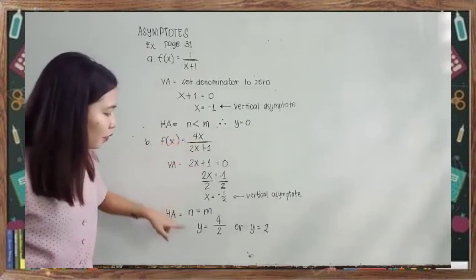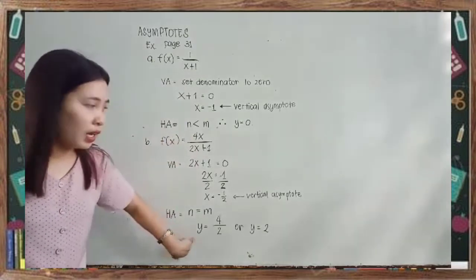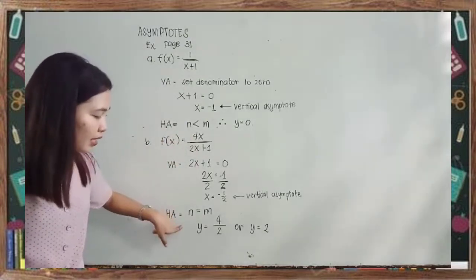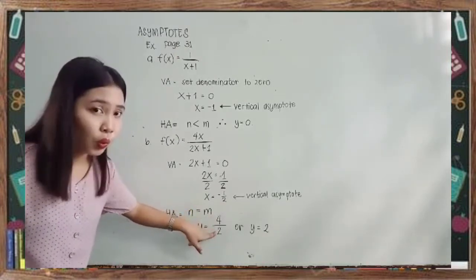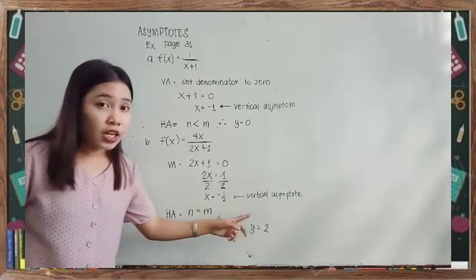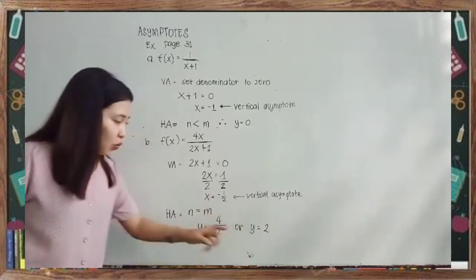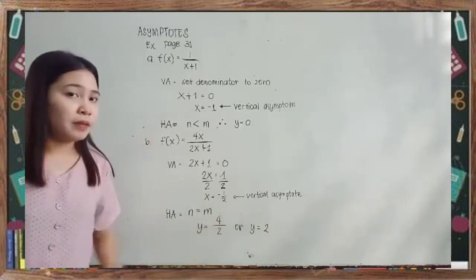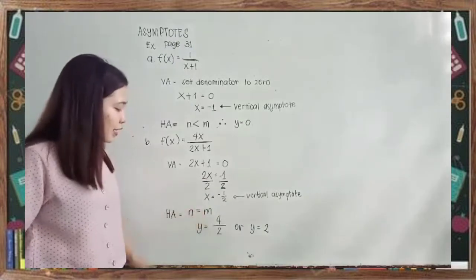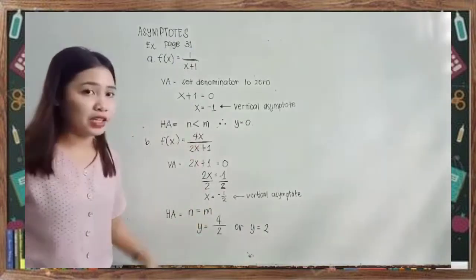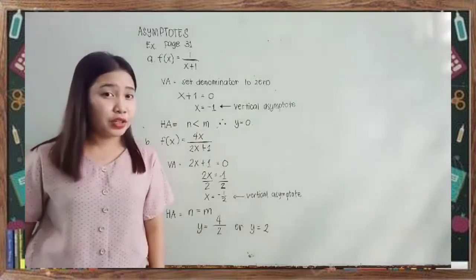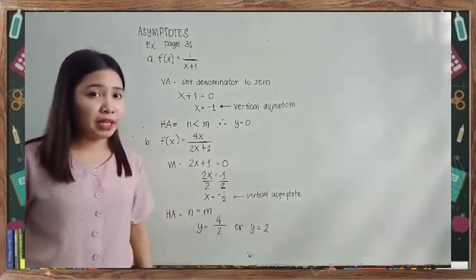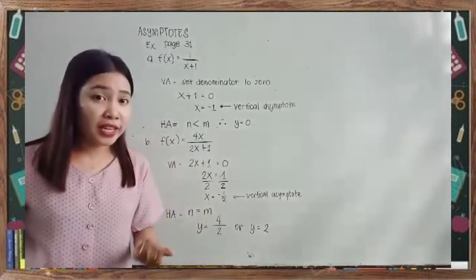Okay? So, therefore, ang ating horizontal asymptote ay 4 divided by 2, or y is equals to 2 kasi 4 divided by 2 ay 2. Okay? So, matitest naman natin or makikita natin yung degree ng ating numerator at denominator ayon sa kanyang pagkakasulat at kung ano yung highest, no? Yun yung mahalaga.